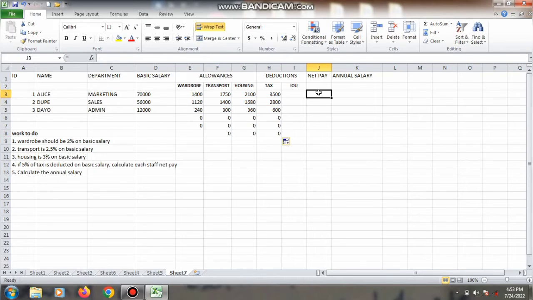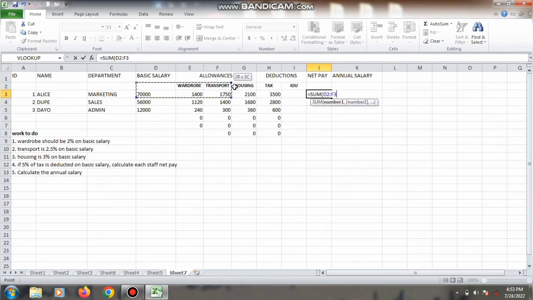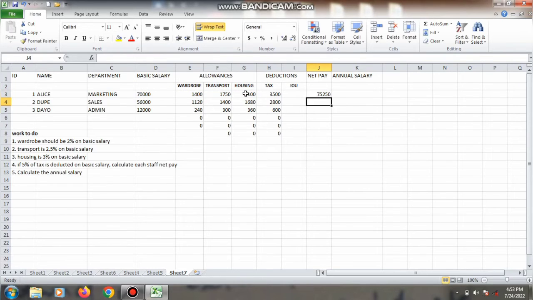Now, how much is Alice taking home at the end of the month? It's going to be basic salary plus wardrobe plus transport plus housing minus tax. I believe you know the tax is a deduction. The way you said it, you can just enter it like that. Equals what? Let us do it in a layman way. Sum all these ones together. Yes, do you see? That is 75,250.